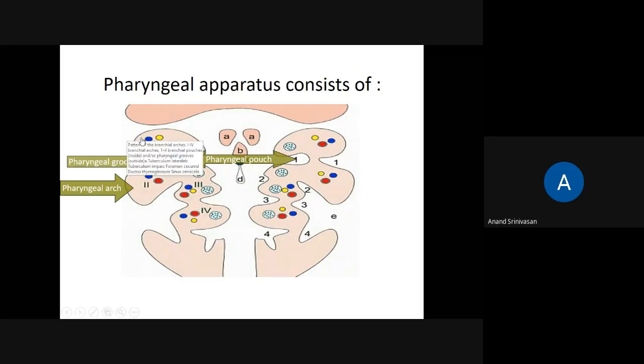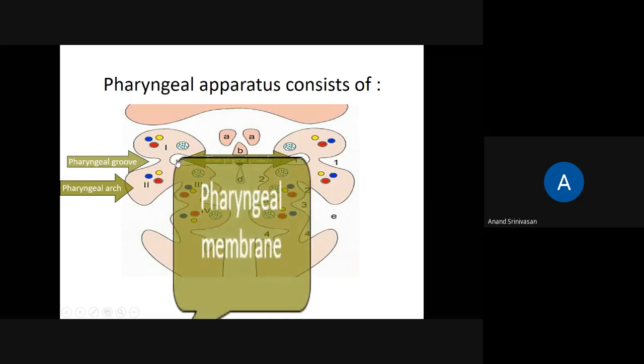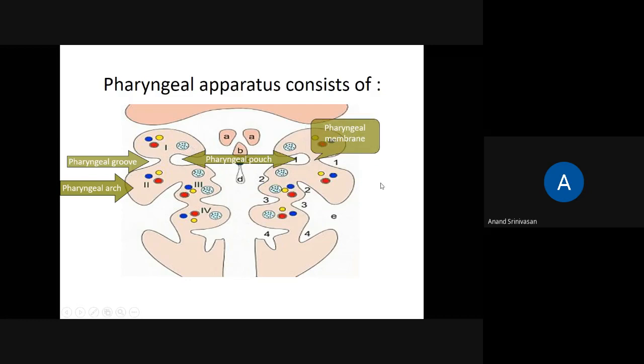So this is the pharyngeal arch, this is the pharyngeal groove, and this is the pharyngeal pouch. The mesoderm between the pouch and the groove is called the pharyngeal membrane.